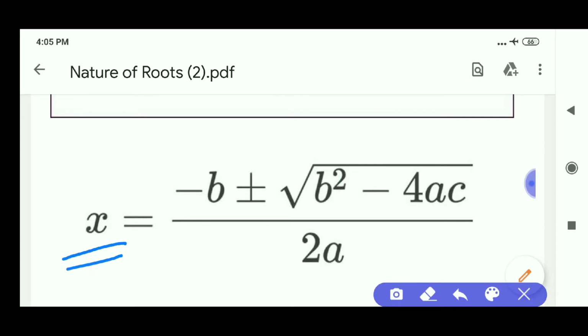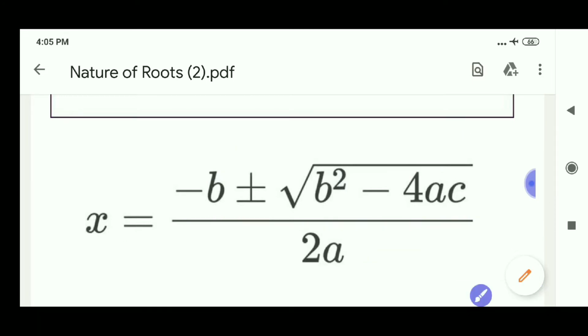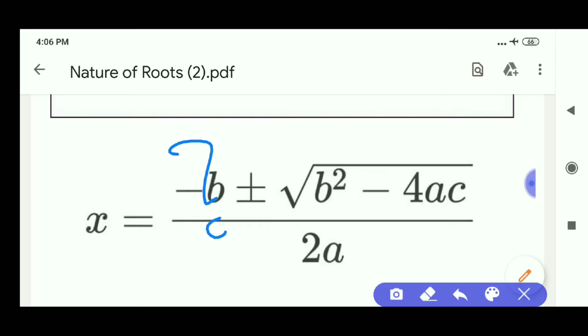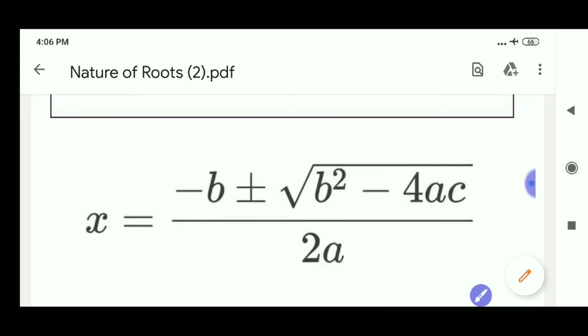Once again, the root is minus b plus or minus root over b square minus 4ac whole by 2a. How did we get this answer? For this, watch our previous video relating to solving quadratic equations by using the completing square method.